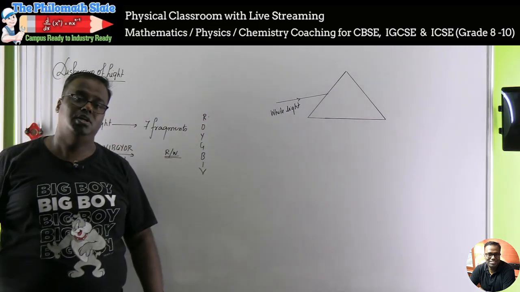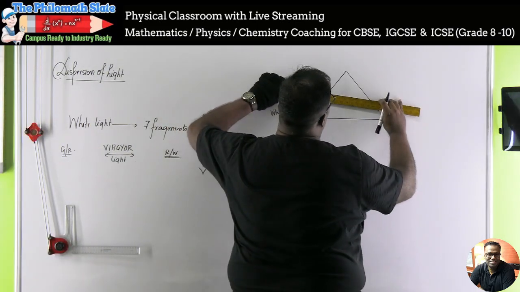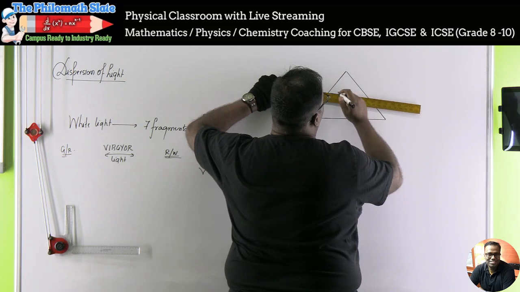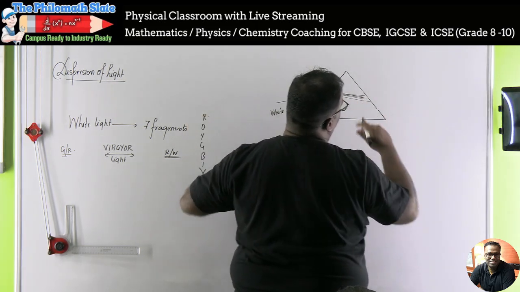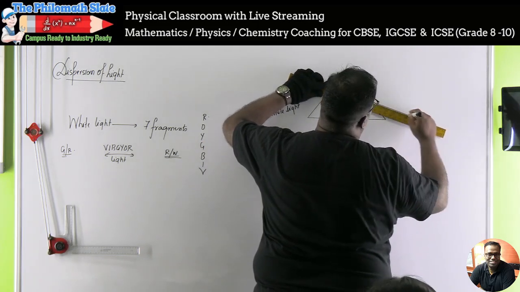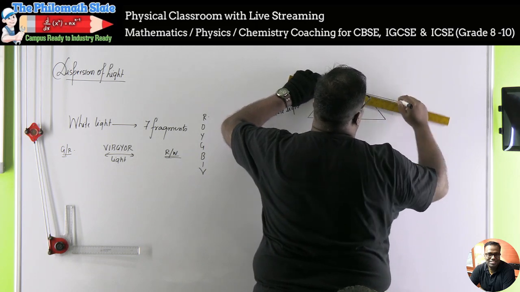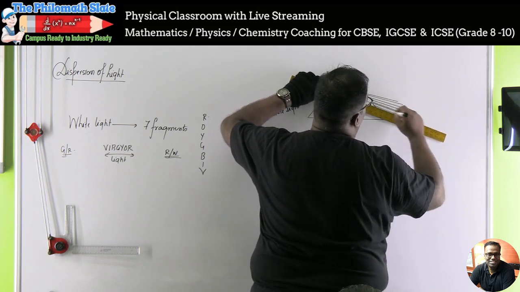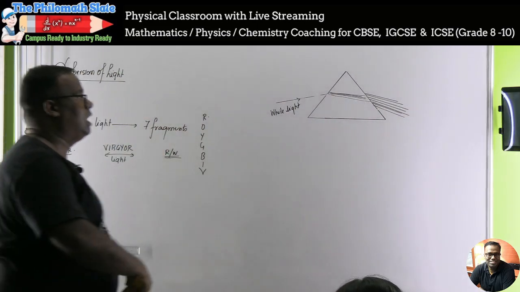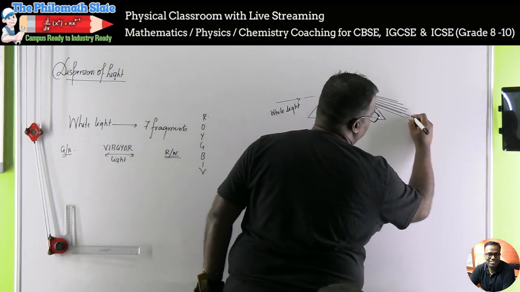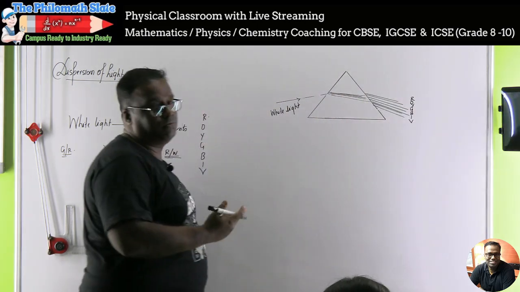No, it can be from an electric lamp also. So you can have white light, and the prism will split the white light into all its components like this. So you will be getting 7 different segments. Like this. And here the order is VIBGYOR, write it from the bottom, okay.